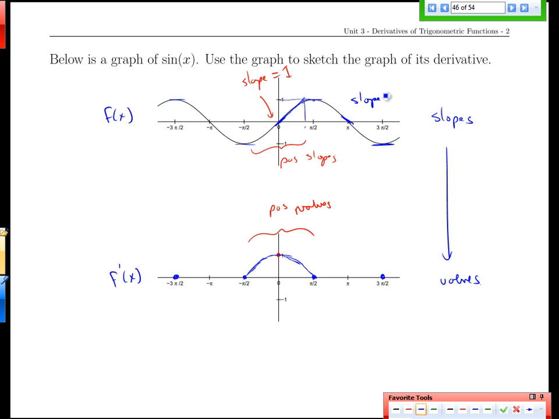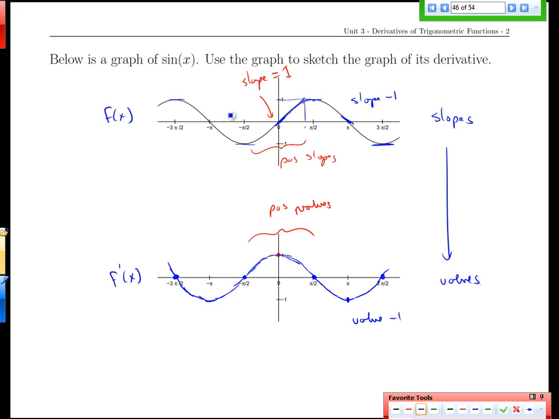Slope -1, and so we get a y value here of -1. And we sketch that out, and we start to see, of course, it's going to have the same periodic structure as the graph above.